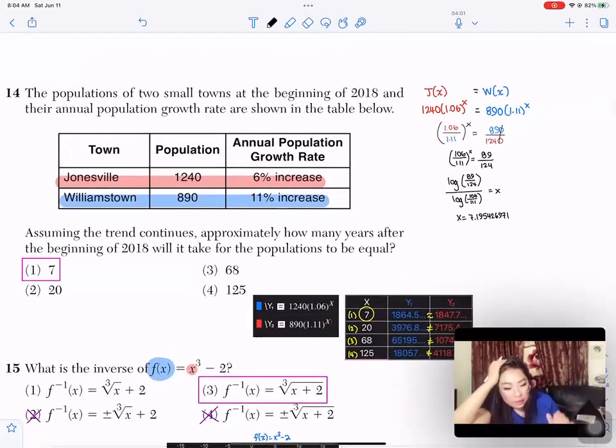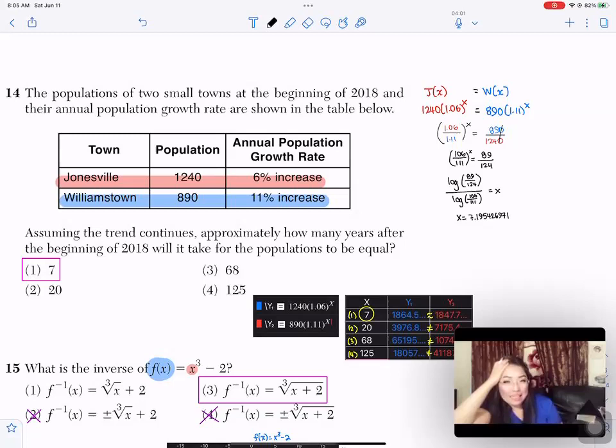In number 14, let's see. Okay, so they give you like the initial population and they tell you like the interest growth. So for j of x, it's going to be 1240 times 1.06 because it's the 6% plus the 100%, which is 1.06. Okay. Same thing with Williamstown.